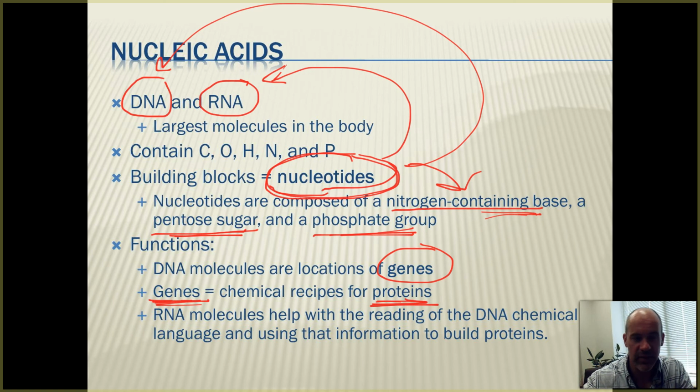So genes and proteins are very intimately linked, because if genes are the recipes that tell your cells how to make certain kinds of proteins, and you pass those genes from one cell to another or one individual to another when we reproduce, then the new cells will be able to make those same proteins because they have the recipe books for doing so. I know that's pretty abstract for right now. We'll hear more about it later, and then you'll hear even more about it when you take microbiology.